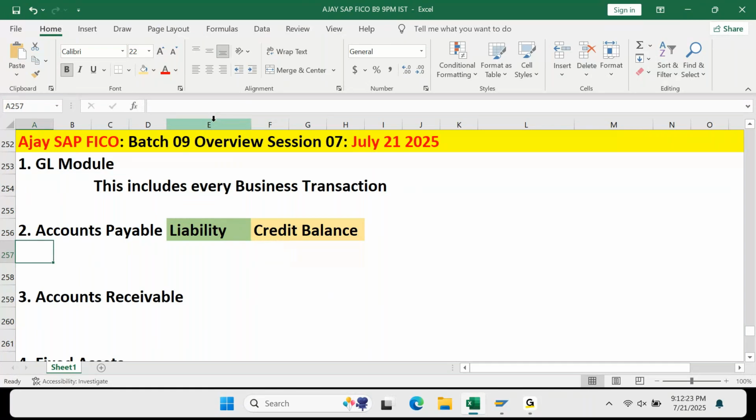Now, in accounts payable, who are you dealing with? Vendors. What you do with the vendor is immaterial. If you're talking about accounts payable, it is all about the vendor. In short, wherever you find a vendor, you can blindly call it accounts payable.